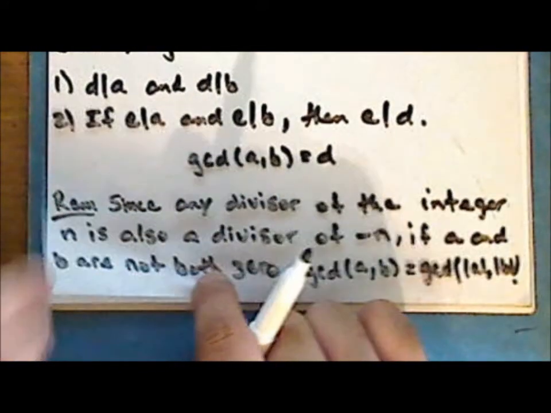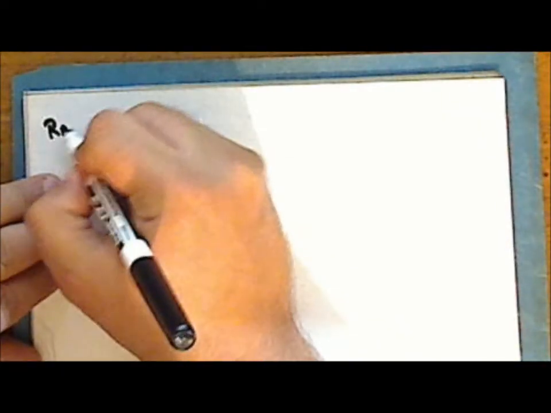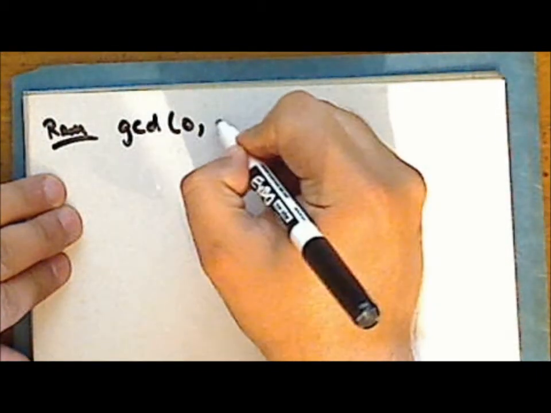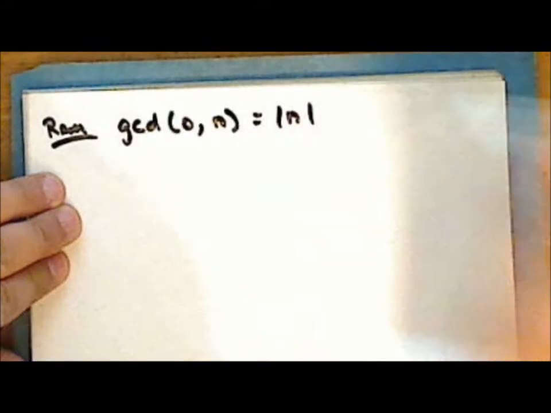So now we need to address the case where one of the integers is 0. And by convention, the greatest common divisor of 0 and any integer n is the absolute value of that integer n.